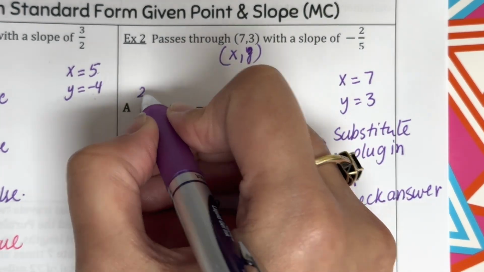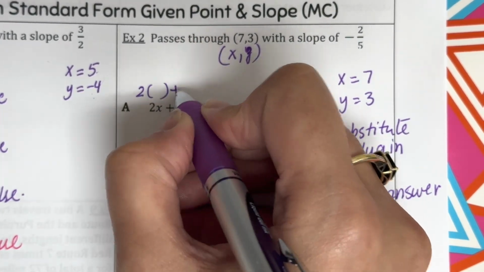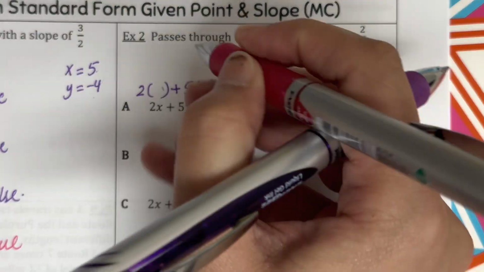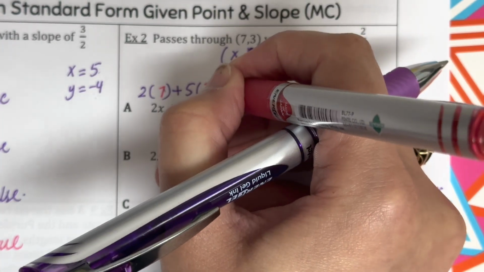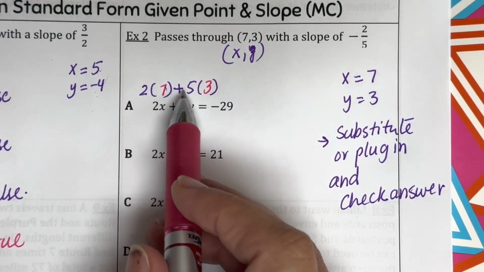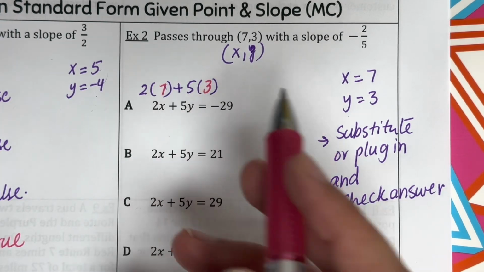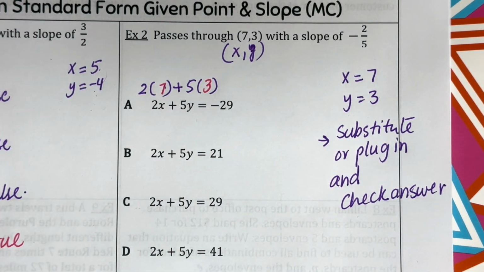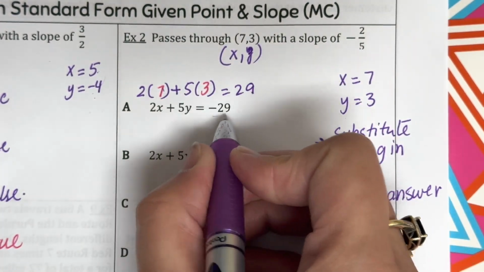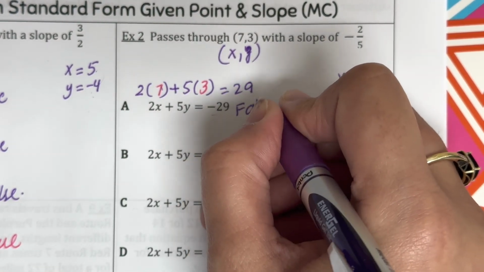So 2 parentheses, I'm going to plug in the x value over here. X is 7, y is 3. So 2 times 7 is 14, plus 5 times 3 is 15. 14 plus 15 is 29. And this one is saying negative 29. So false.